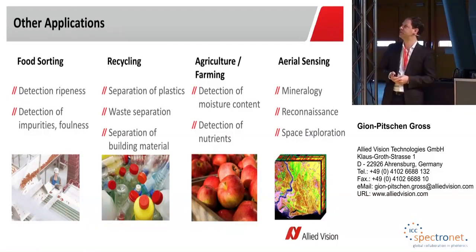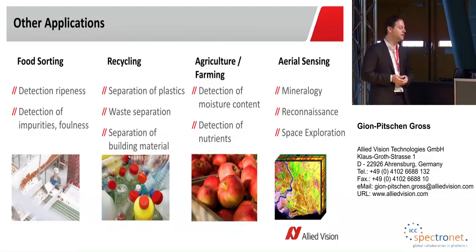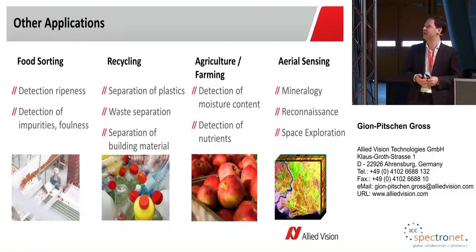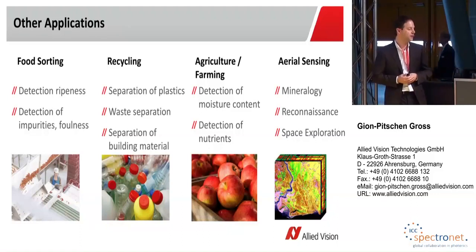It can also be used in precision agriculture. This is often in airborne systems. And we can, for example, detect the moisture content of different plants. Sometimes it's even possible to detect the nutrient level of the crops that I observe.